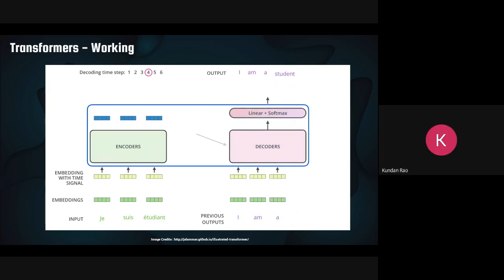After "I am", it predicts "a". But when this "I am a" is passed to the cross-attention layer, what happens there? It already has the embeddings of all the words that it has received from the encoder, right? So how does it behave there? What happens between both of them is my question.